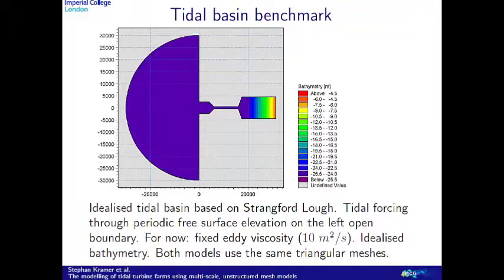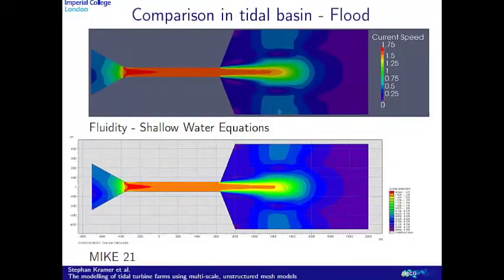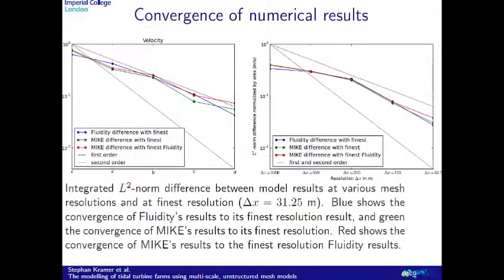To compare the models, this is an example of the velocity field during the flood. As you can see, the results are fairly similar, but obviously this is quite a qualitative way of looking at these things. So what you can do is look at error norms, computing the difference between what you think is a reasonable solution, so your finest mesh resolution, and the solution at different resolutions.